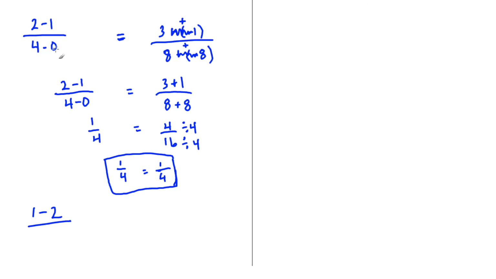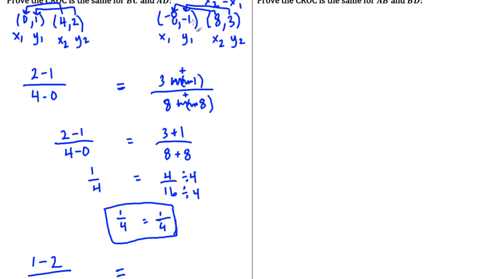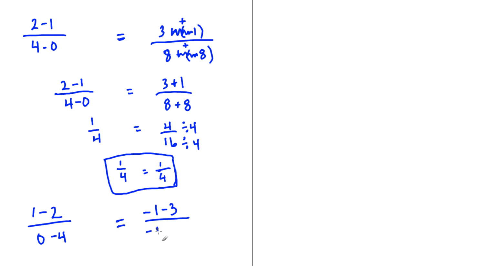And instead of 4 minus 0, I can do 0 minus 4. And that should be equivalent. Instead of doing 3 minus -1, I could do -1 minus 3. And instead of doing 8 minus negative 8, I could do negative 8 minus 8. So I want you to show the process for one, and show the setup for the other.